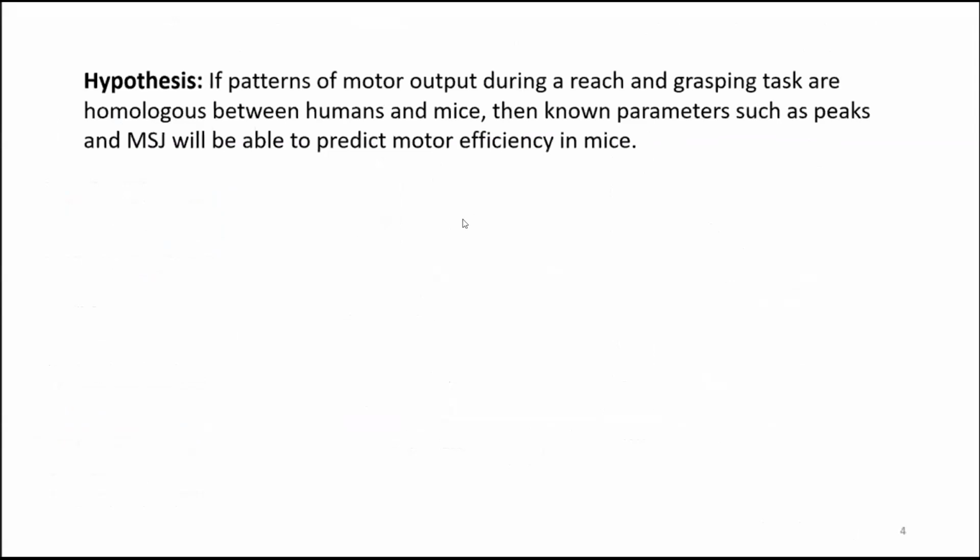We hypothesized if these patterns of motor output during a reaching and grasping task are relatively homologous between humans and mice, then we would expect that known parameters such as peaks and MSJ would be able to predict motor efficiency in mice.